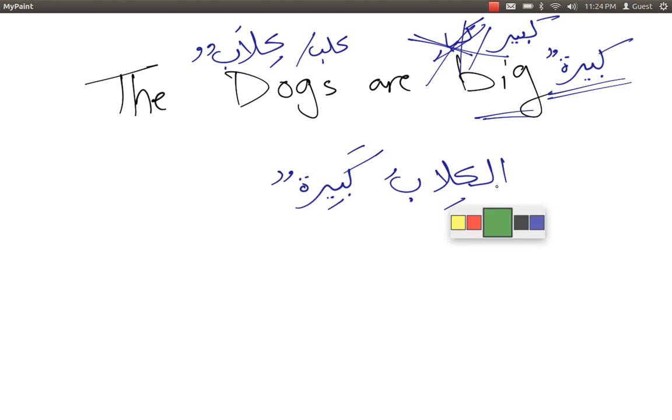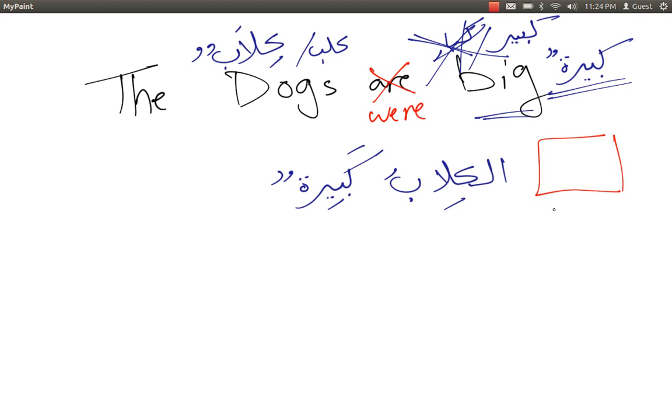Now, how do we make it the dogs were big? Well, we have to put in front either kana or kanat, right? And then we have to change this to fatha. Now, do we use kana or kanat?